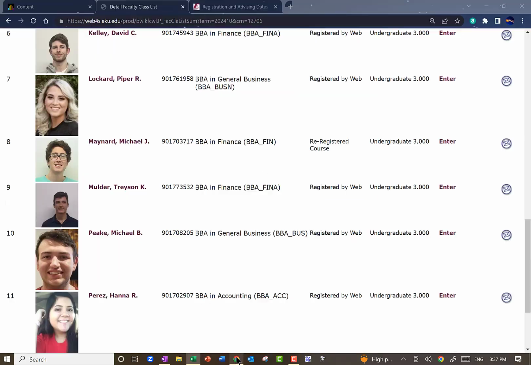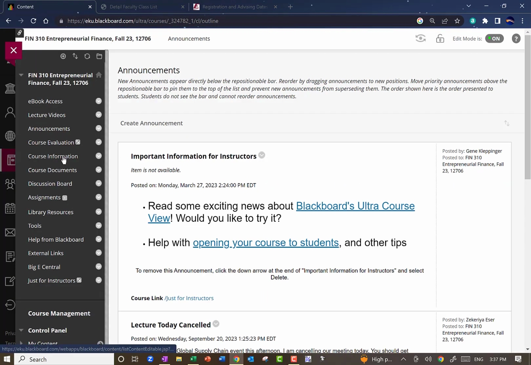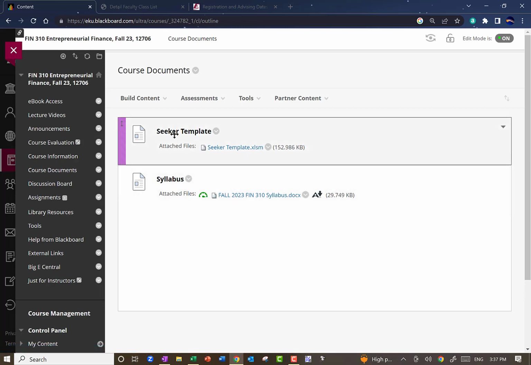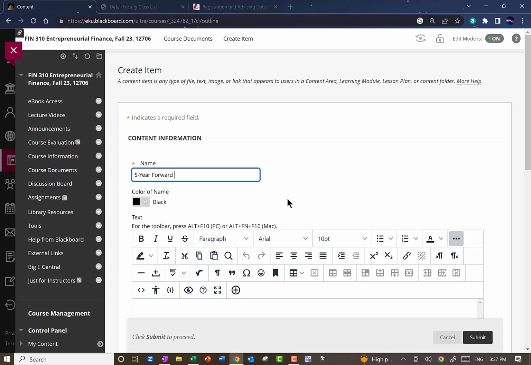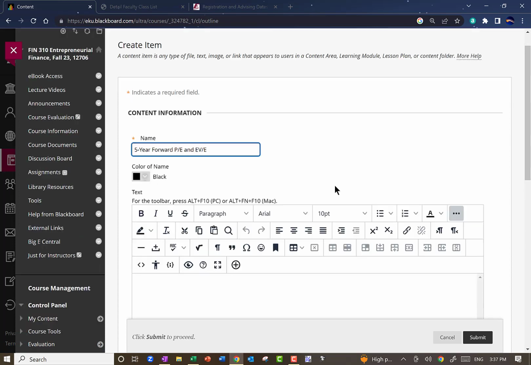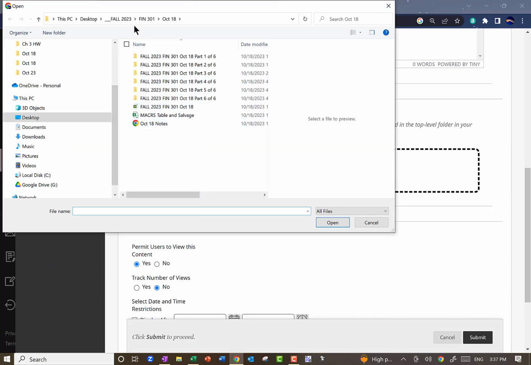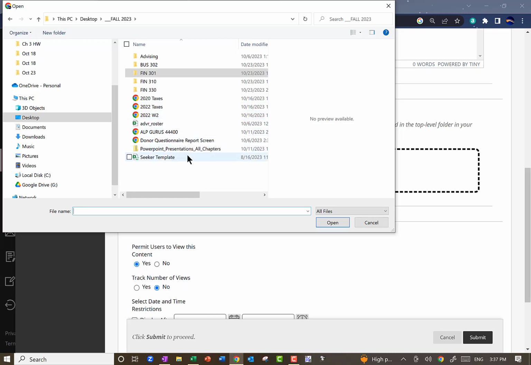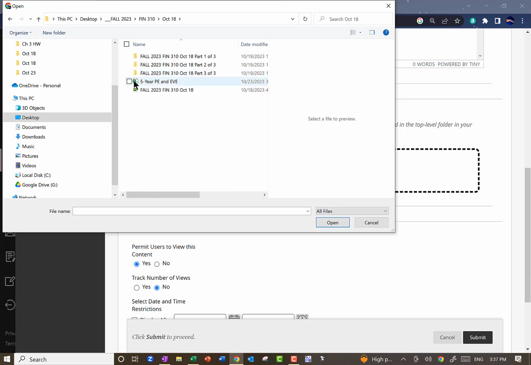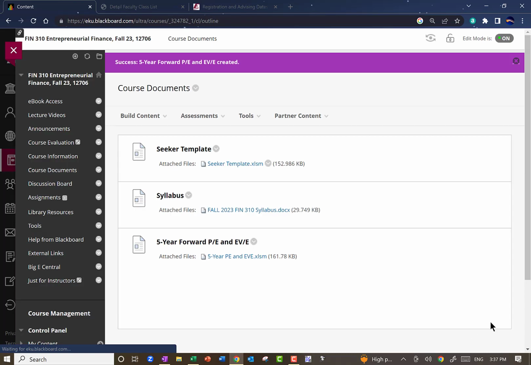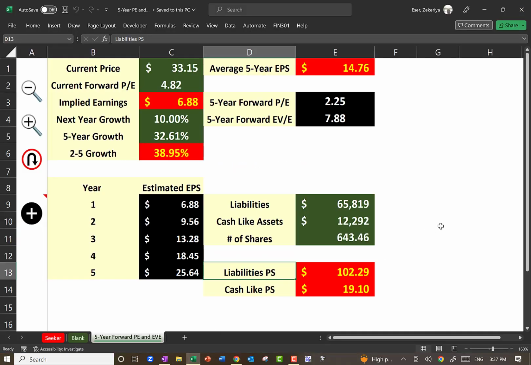Let me actually post this on Blackboard, so if you want to work with it, you can work on that. In terms of inputs, this starts with current price.